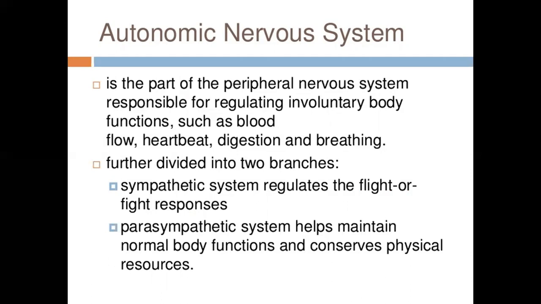Now, what about the sympathetic nervous system? These two systems, sympathetic and parasympathetic, have different natures. The sympathetic nervous system regulates fight or flight responses, and the parasympathetic nervous system helps maintain normal body function and conserves physical resources.